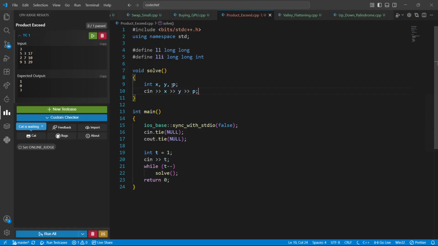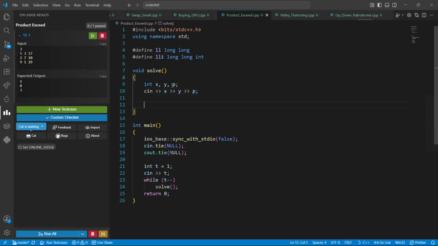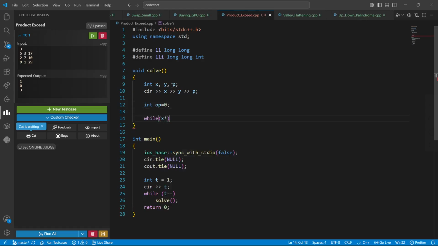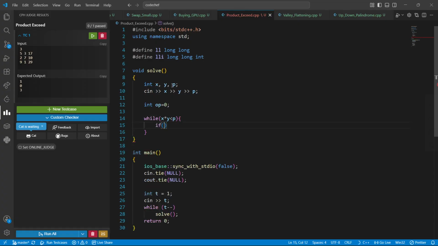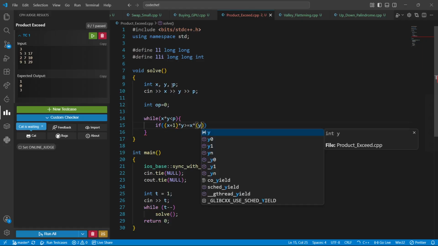We take one variable for the number of operations, initially 0. While x star y, the product of the two numbers, is lesser than the required product, we check if x plus 1 into y is greater than or equal to x into y plus 1.